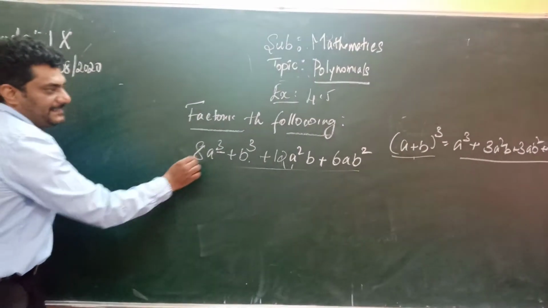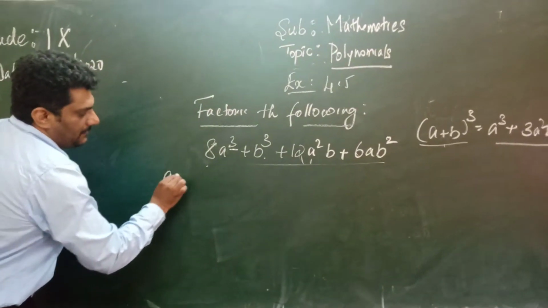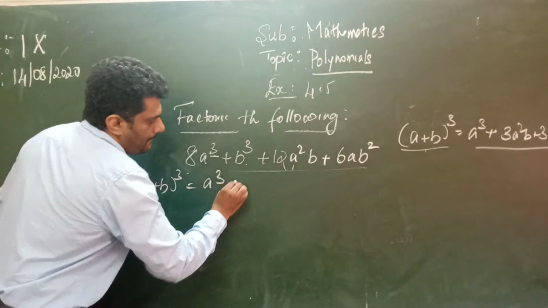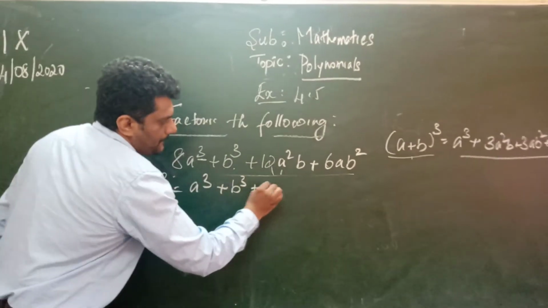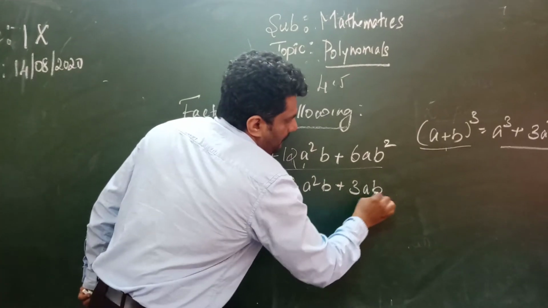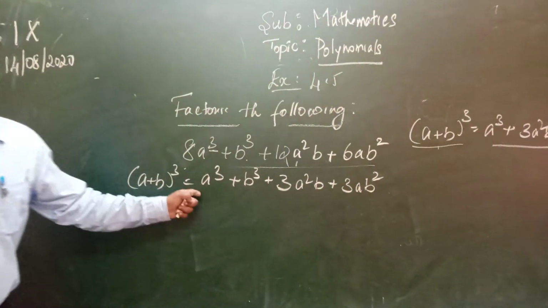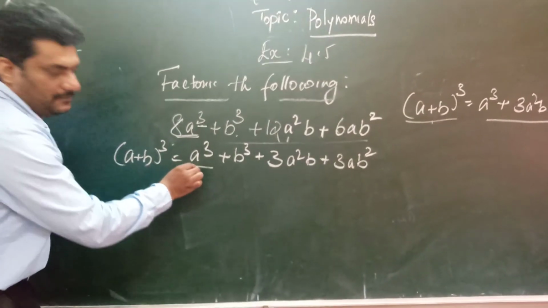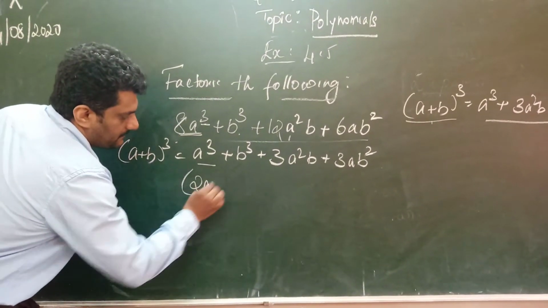First step, write the identity as it is. A plus b whole cube, this is the identity. Now this term we have to write it in this form. So can we write it like this?